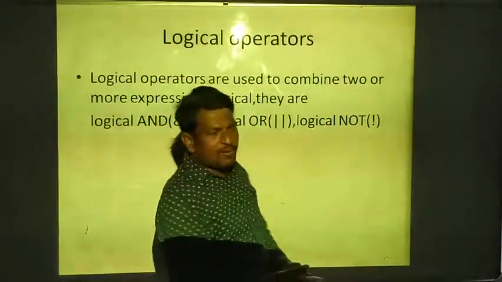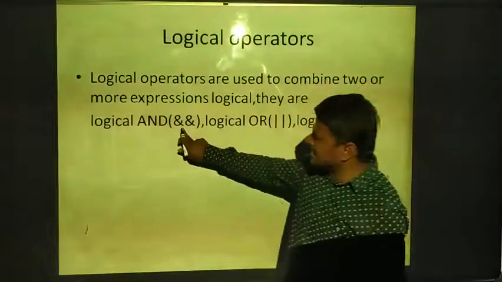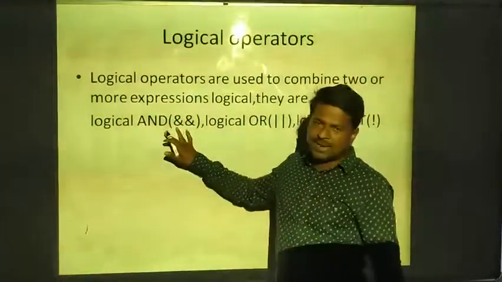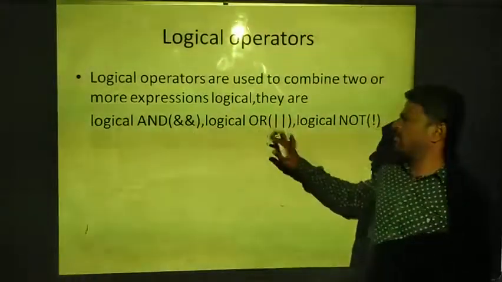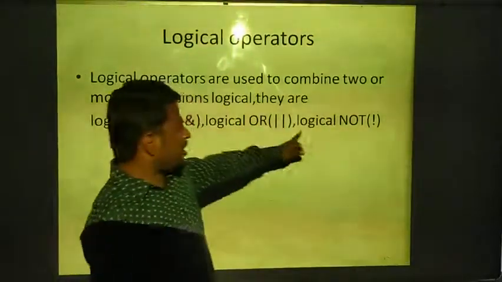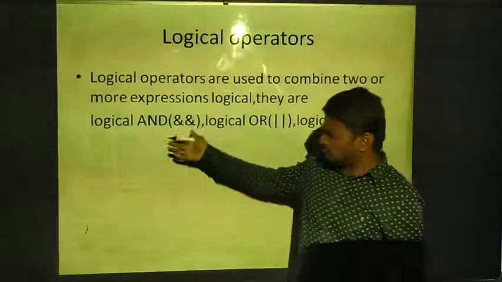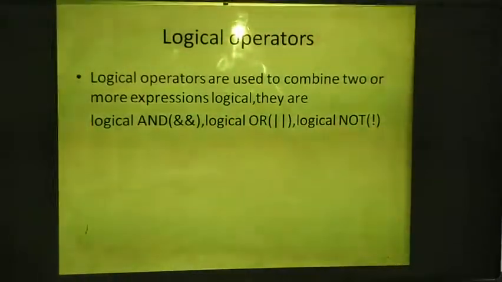Logical and, whose symbol is a double ampersand; logical or, with its own symbol; and logical not, which is the exclamation symbol. Let us see about all these logical operators.